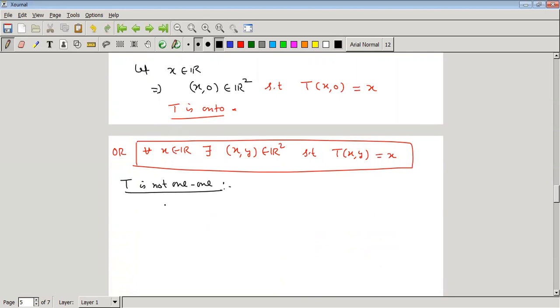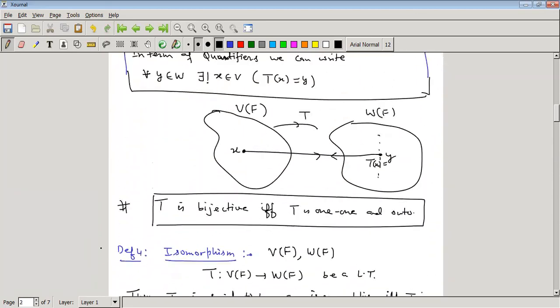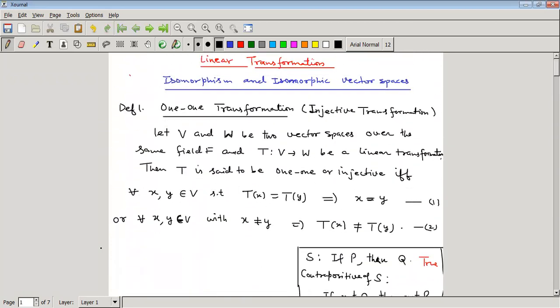But how can we go for T is not 1-1? What is the definition of T to be 1-1? That given any x, y belonging to V, T(x) equal to T(y) implies x equal to y. Or the second definition: if we take distinct elements in the domain, then we have distinct images in the codomain.